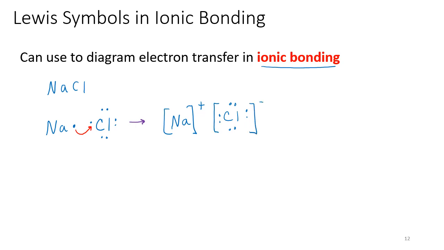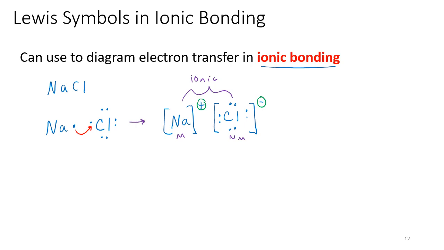So it has a negative charge now because it has an extra electron. This represents the ionic bond that we see in sodium chloride between a metal cation and a non-metal anion. Ionic bonds are really just the attractive forces that are holding together positive and negative charges.